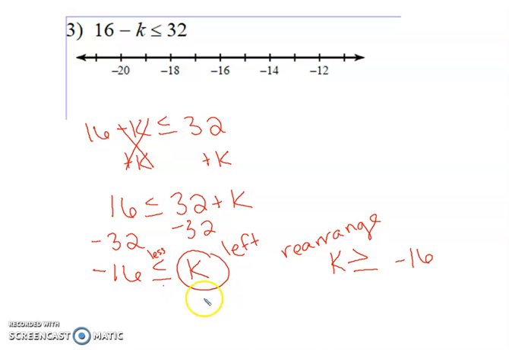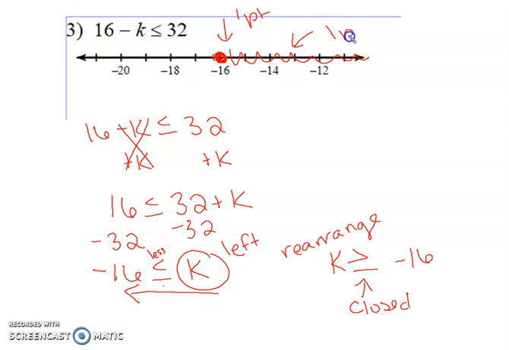When we change the order, we change the order of everything. So I have a closed circle at -16. And I have rearranged it so I can go that direction, so I can follow it. So that's what you should have for 3. 1 point for this, 1 point for this.